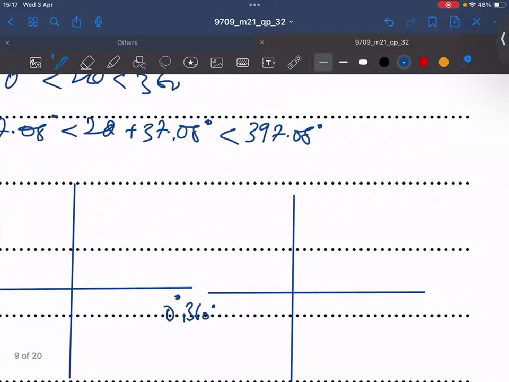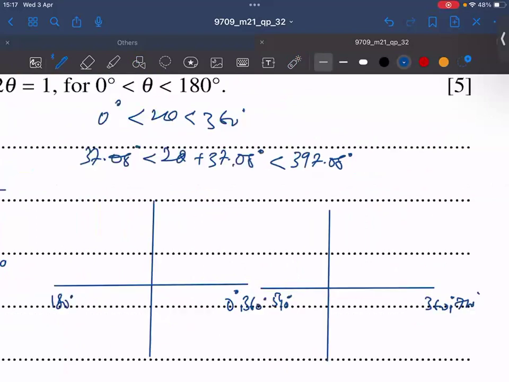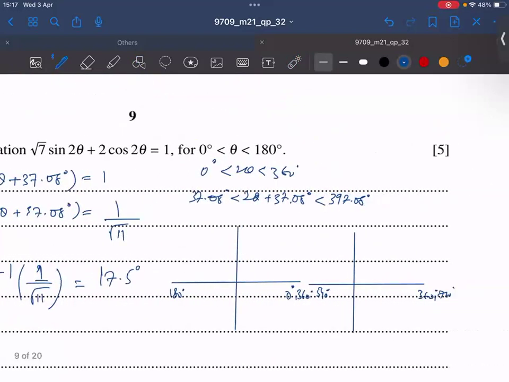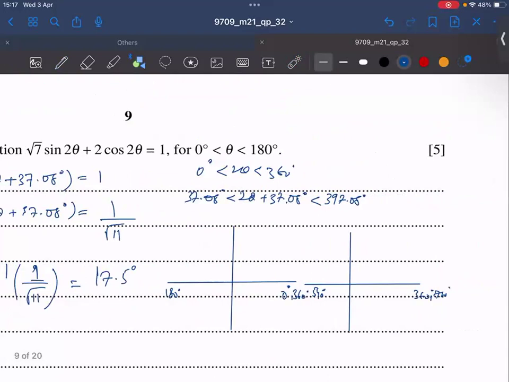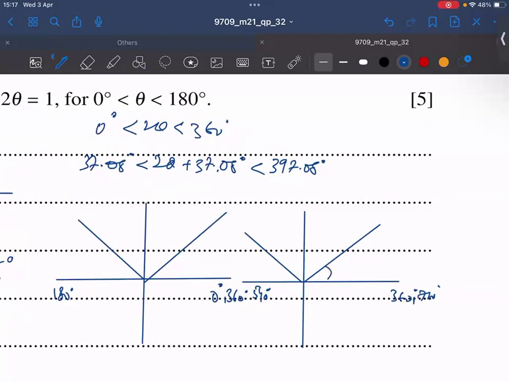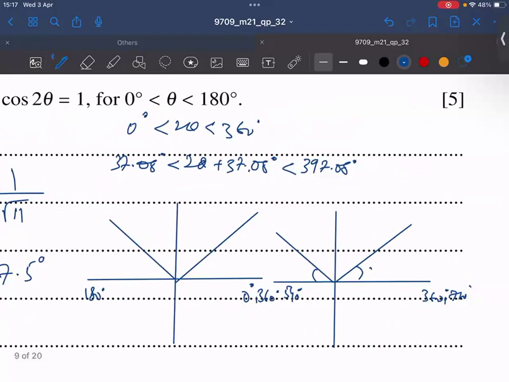In the second cycle, angles from 360 to 720 degrees. The value of sine is positive, so I'm going to have angles in the first and second quadrant, with the reference angle 17.5 degrees.